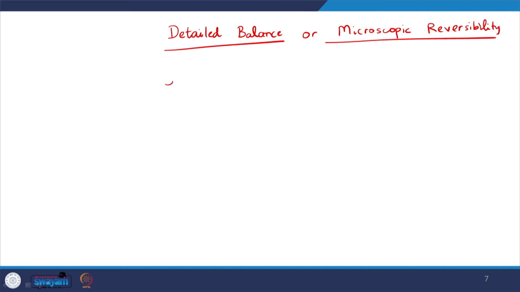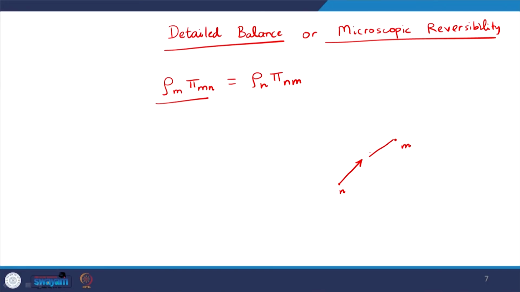what we say is rho m pi mn is equal to rho n pi nm, and that essentially means that if I look at two states in the state space, let us say state n and state m, then the rho multiplied by pi, that is how much of n is going to m, should be matched by how much of m goes to n, right, and that can be thought of as a condition of equilibrium, right.